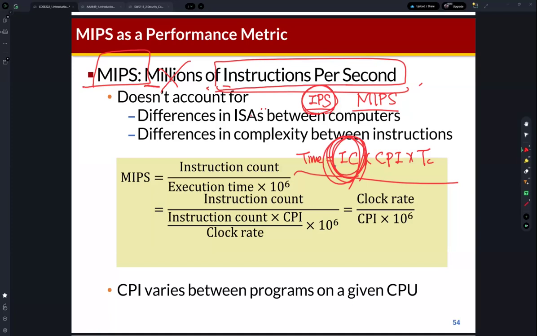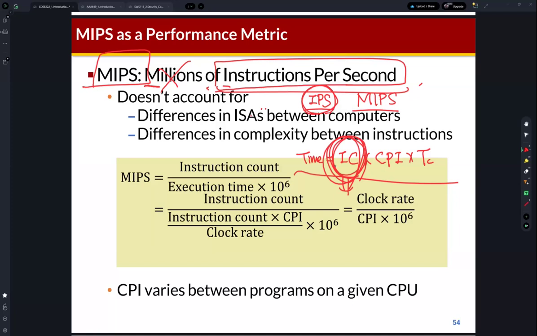So it means we cannot use MIPS for measuring the performance of two computer systems directly. If the instruction count is the same, then we can use MIPS for comparing the performance.